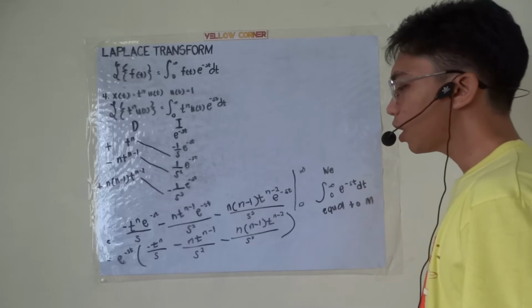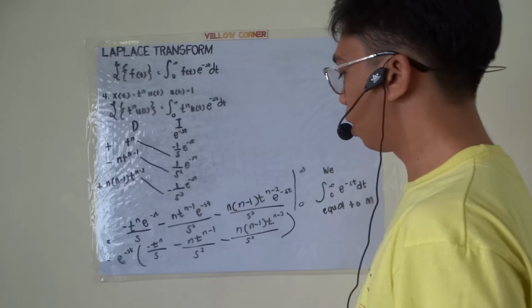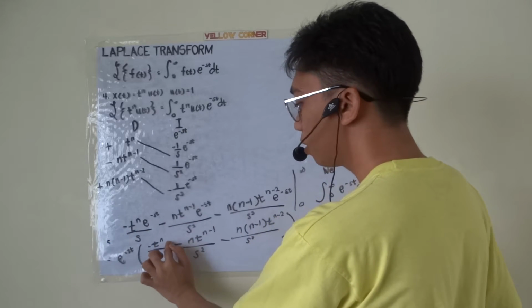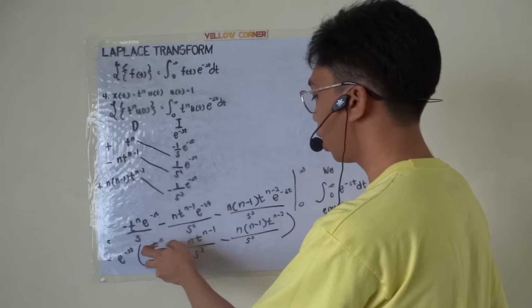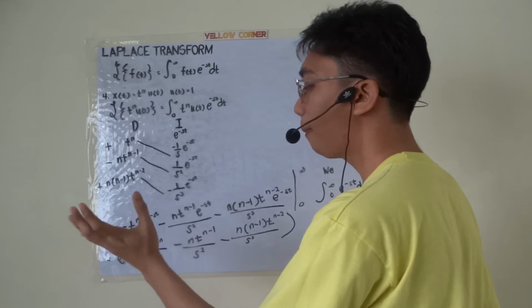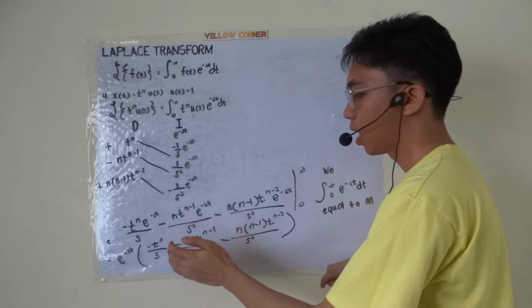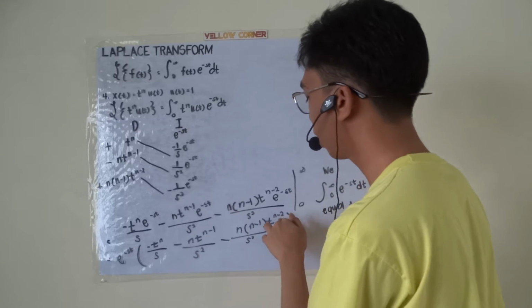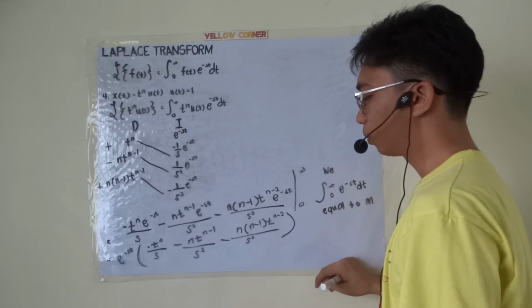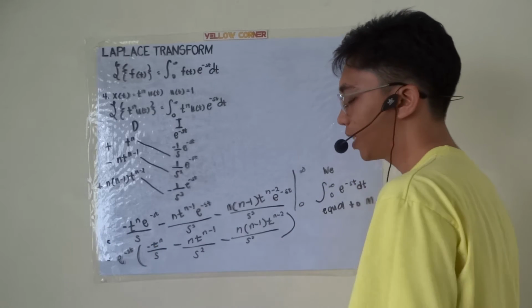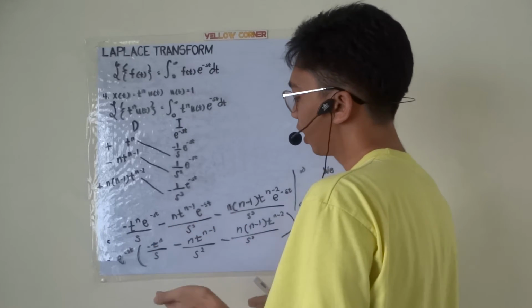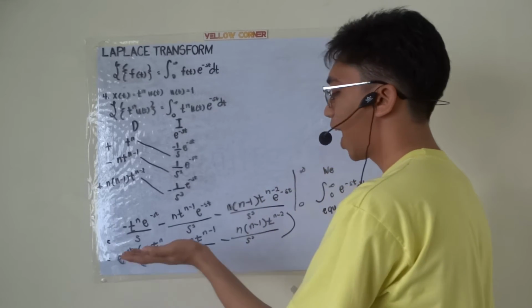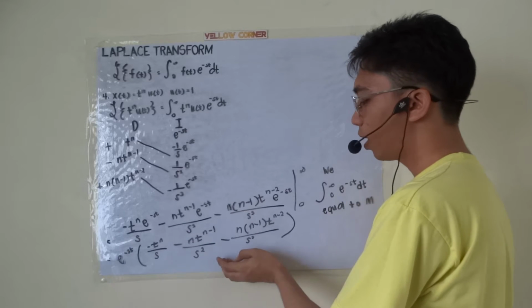And based on our observation, we can see that the exponents of t have a pattern of n, since from n it becomes n minus 1 and then n minus 2. And the denominator s, we can also observe as increasing exponents.